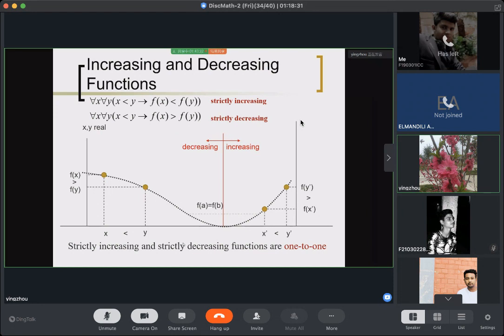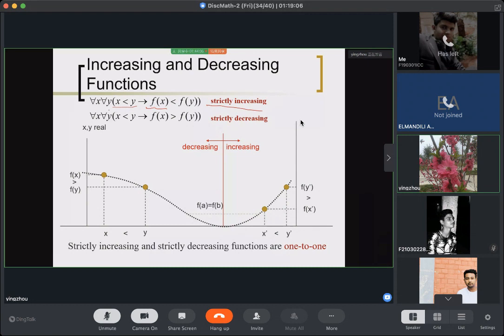And here we also define special functions, or features of functions. So this can be increasing and decreasing. Strict increasing just means if x is smaller than y, that means when x is increased, then your function value is also increased.